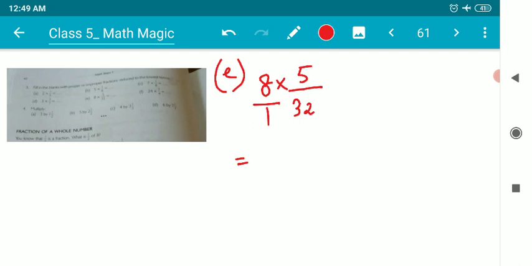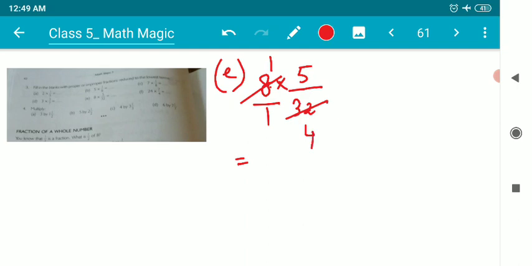8 and 32 can be reduced. 8 and 32 can be reduced by a number. The number is 4, or the number is 8. 8 is a common factor of 8 and 32. Up and down can be reduced, children. So 8 is reducing 8, 8 ones are 8, and 8 is reducing 32, 8 fours are 32.